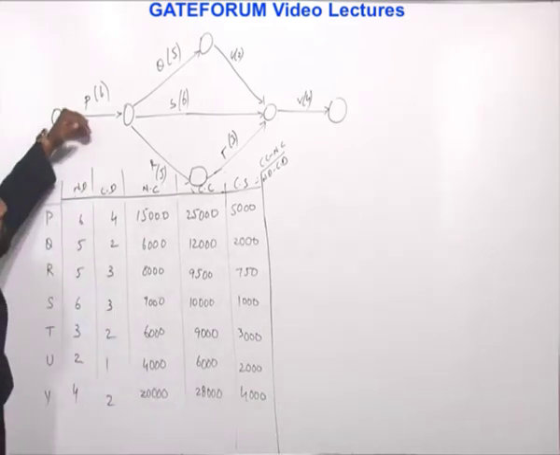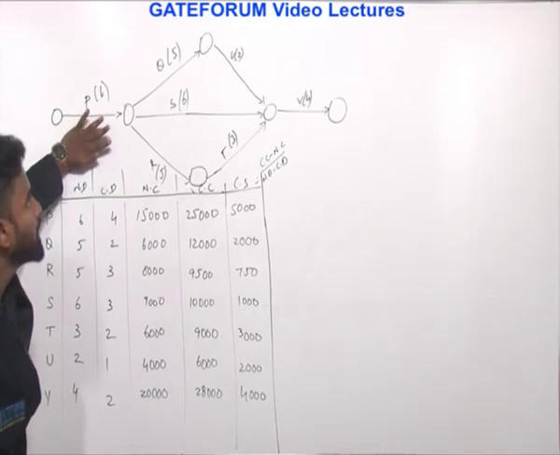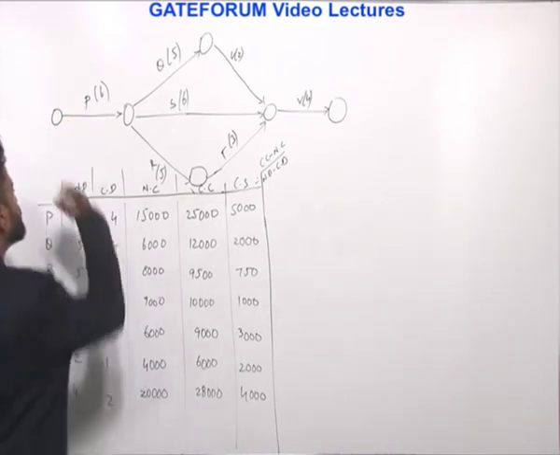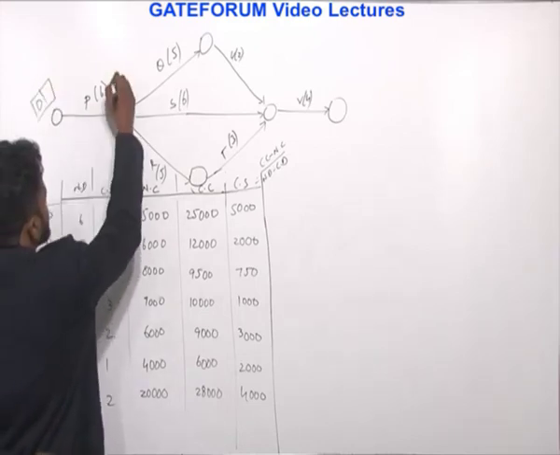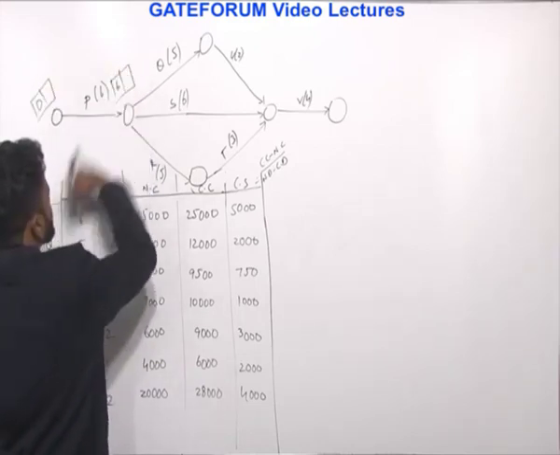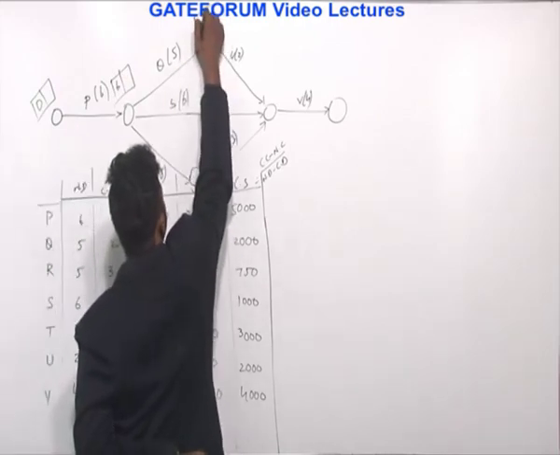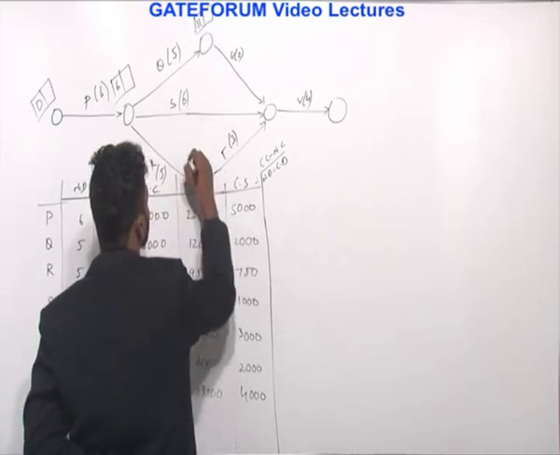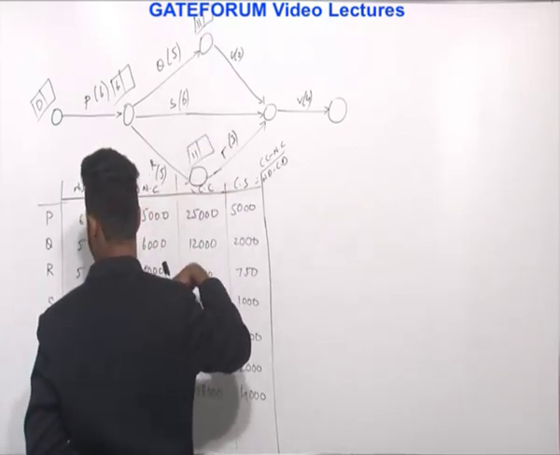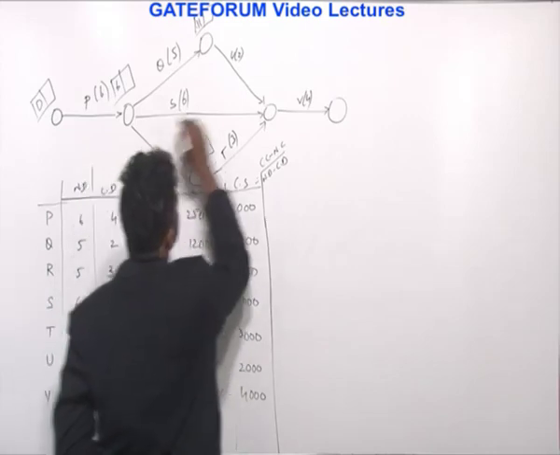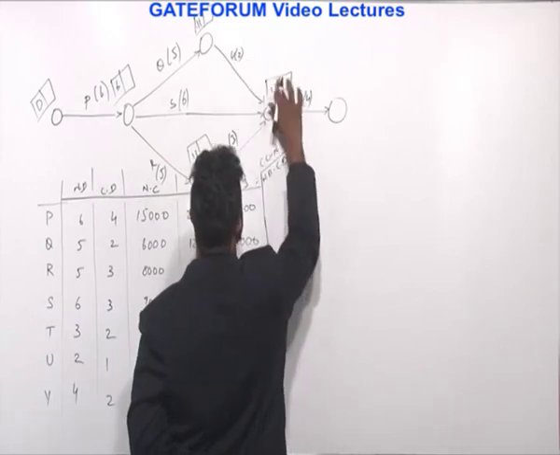Now before that you have to calculate the critical path. For that you have to calculate the critical activities. So how to calculate the critical path? See here, I'll take this as 0, and this event would be finished at 6, and this would be completed at 11, and this is also completed at 11, and this would be completed at 12, this would be 13 then.